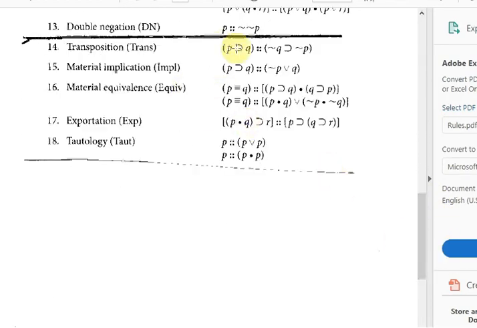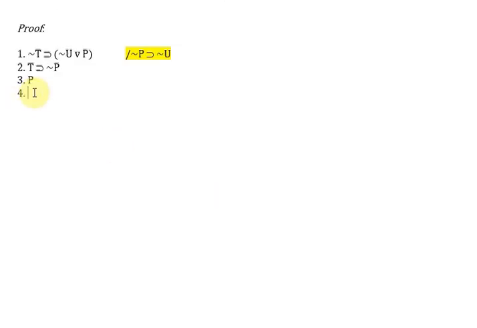Here it is. Remember that it allows us to switch the order of those, and then both of them become negations, right? So if we apply transposition to line 2, remember that the not P has to stay a not P. It's just that we're adding another negation.